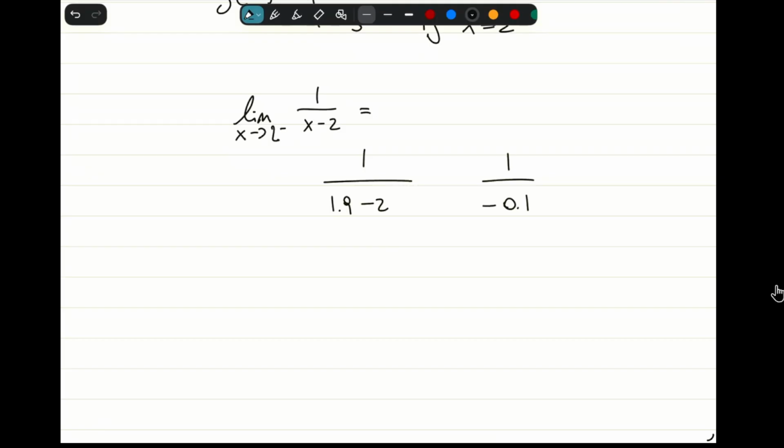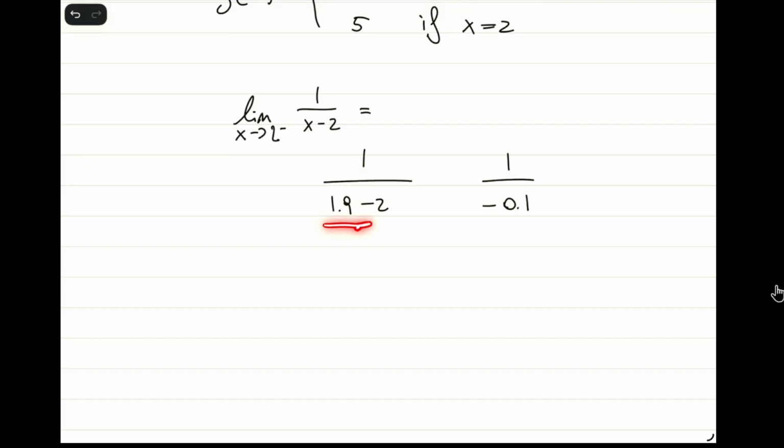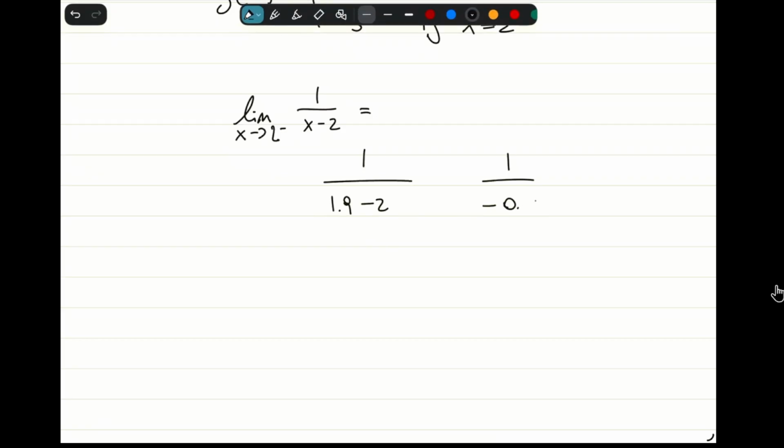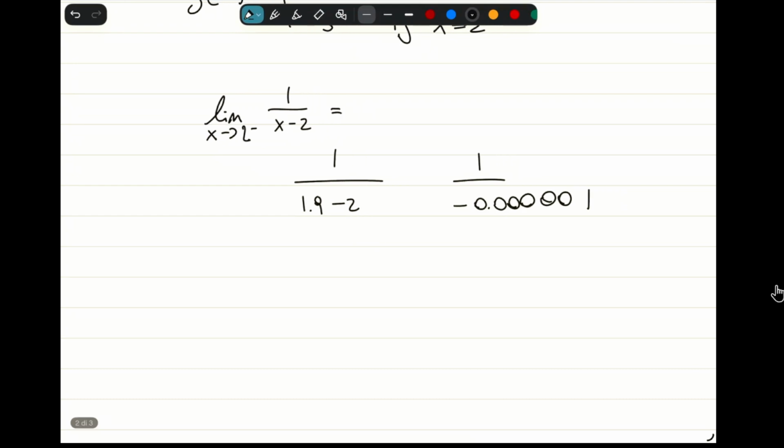Now, if you make this very close to 2, then down here in the denominator you'd be left with like infinitely many zeros as you take x very close to 2. And you should know that dividing by a small number like this will give you a higher number.